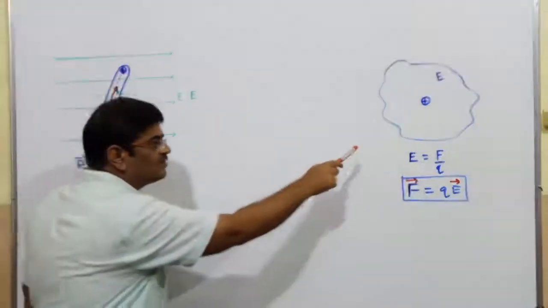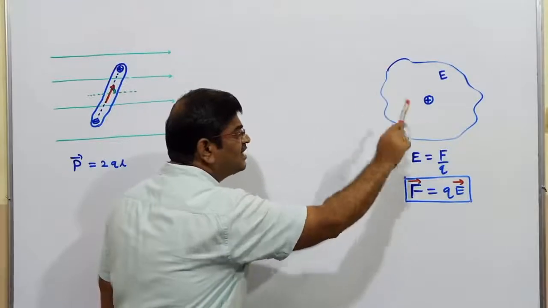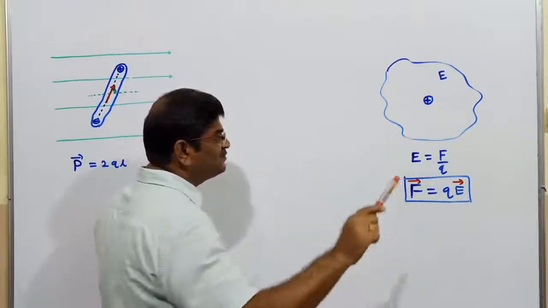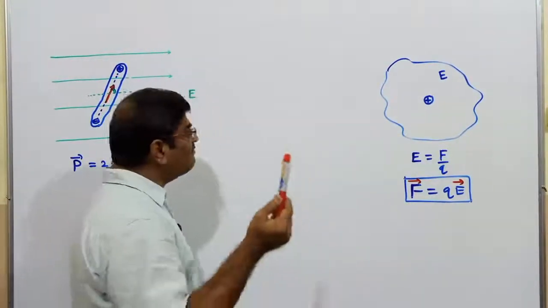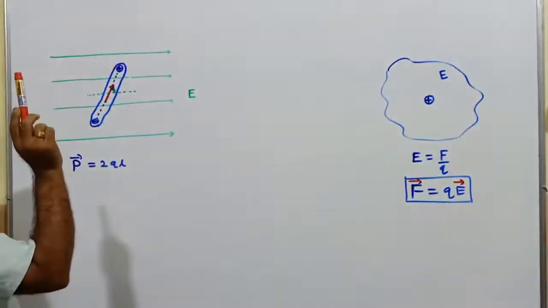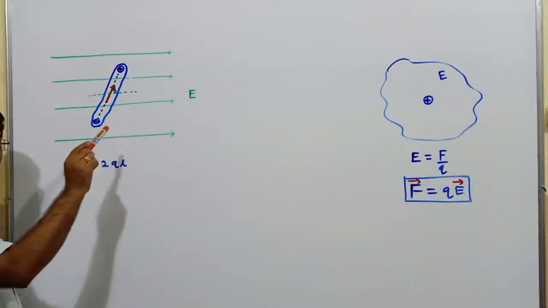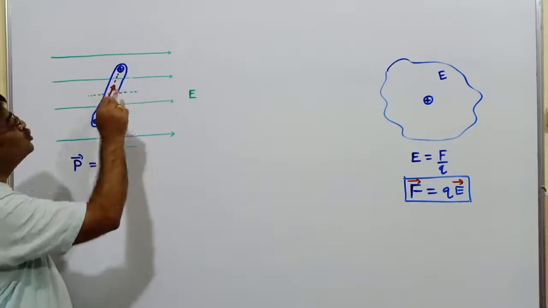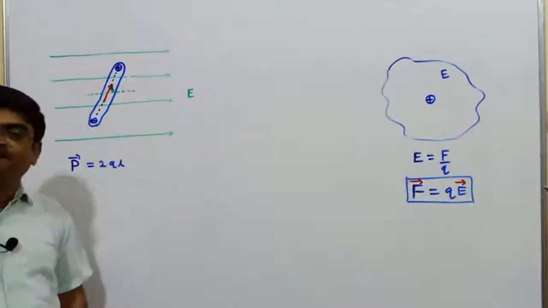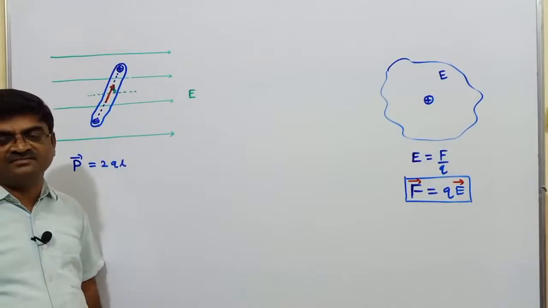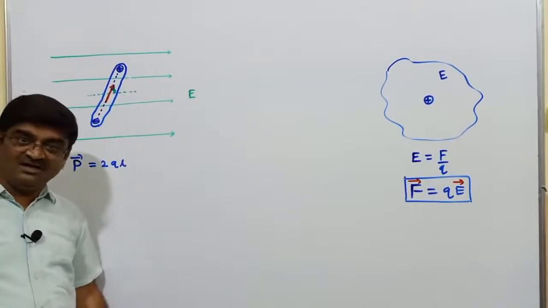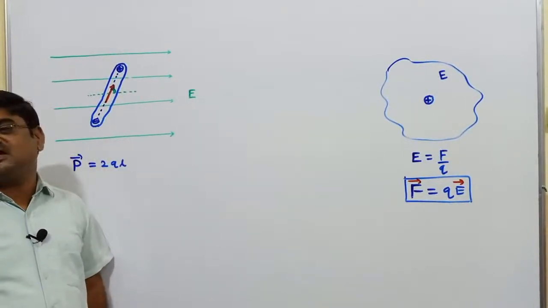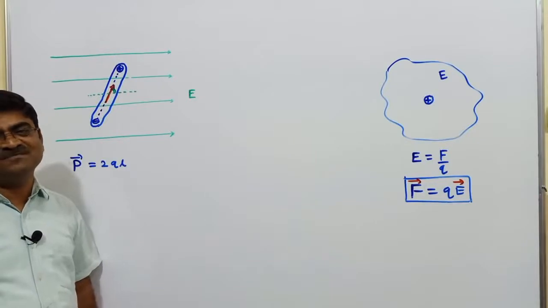And as I brought to your notice, a charge in the electric field experiences force. When I mentioned that the dipole is in the electric field, ultimately I can say these two charges are placed in the electric field, and naturally those two charges are going to experience force.